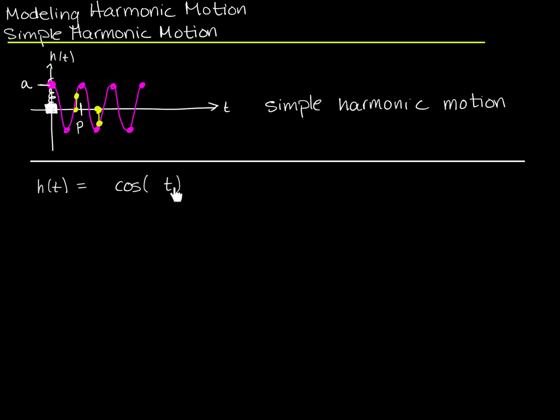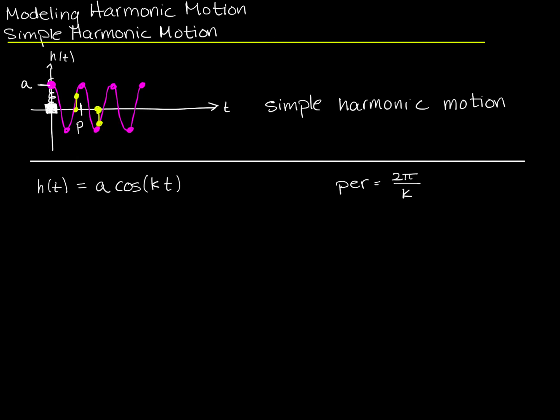What was it we decided? It was c, wasn't it? There's no minus c in here. All we have to do is figure out what the amplitude is. We've been calling that a. And what the period is. And once we know what the period is, we figure out what k is. Remember that the period is equal to 2 pi over k. And that's pretty much it, with one exception.